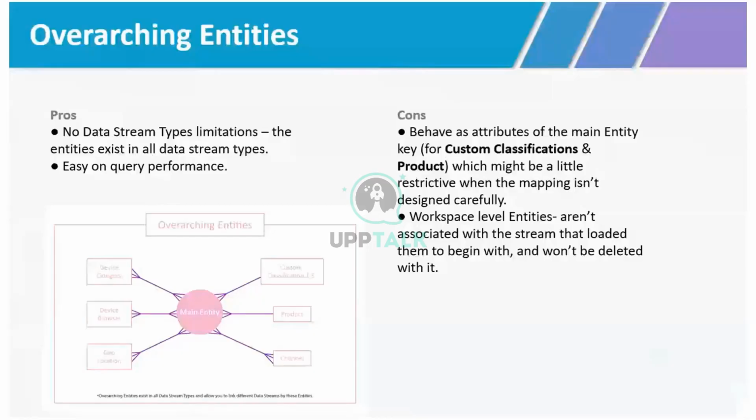But it is not true for the other three overarching entities that we see: device category, device browser, and geolocations. Why can we not have one value for custom classification for device category, device browser, and geolocation? That's because we have a many-to-many relationship with the main entity.